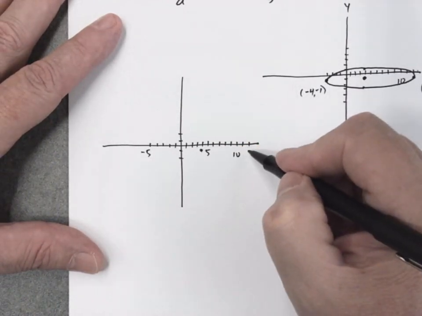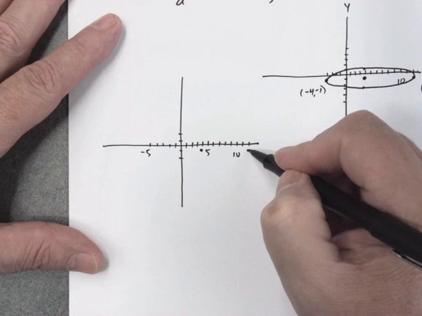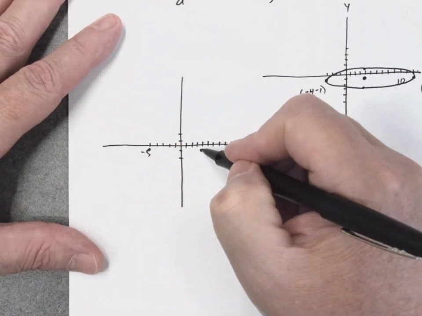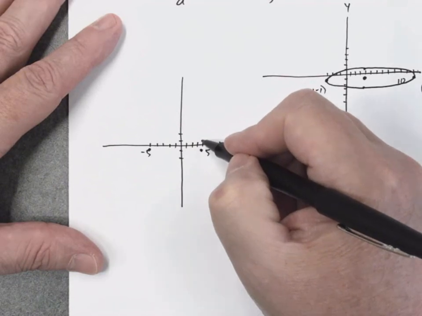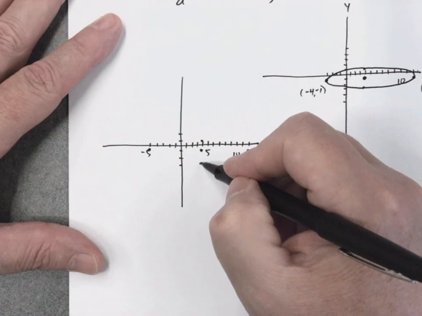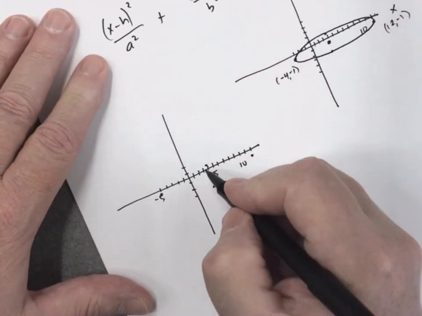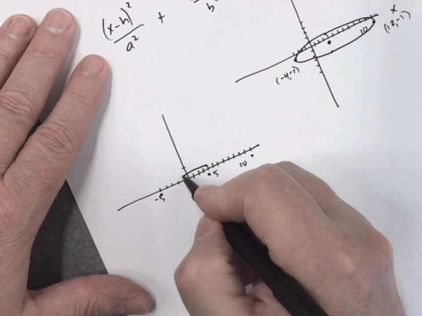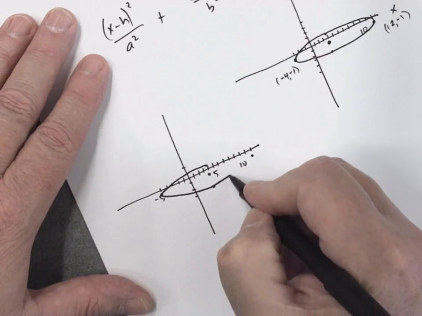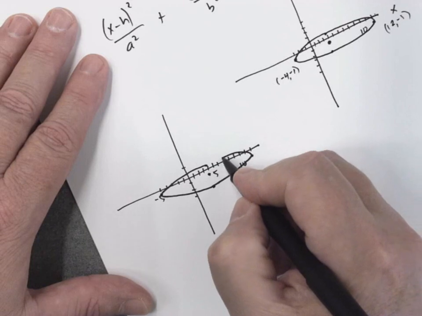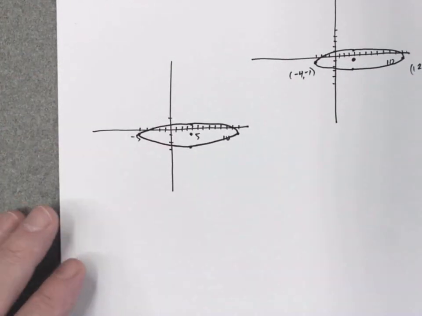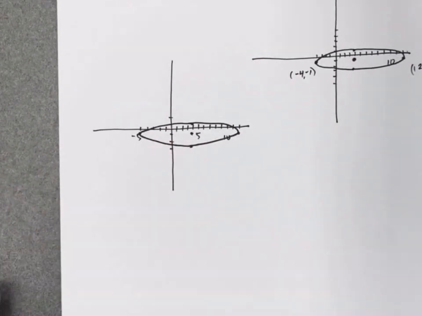And then the vertex, you go out here, and then you go over here, and you go up 2, down 2. Now this looks a little better. It's not a beautiful ellipse, but at least the center looks like it's in the middle.